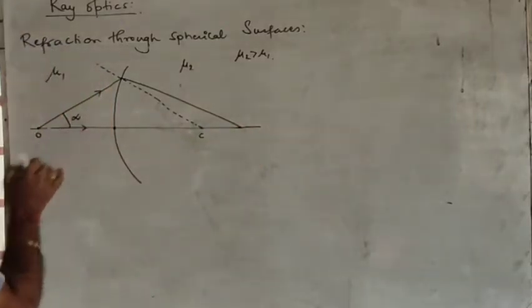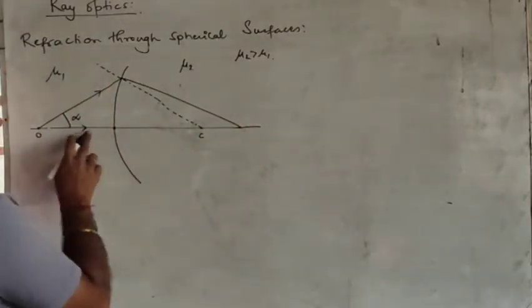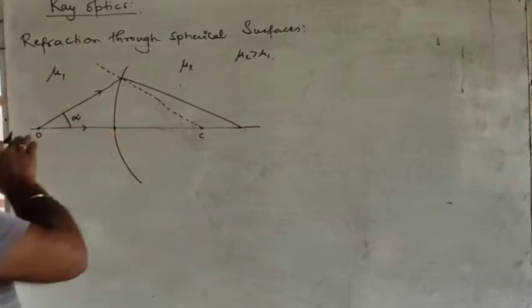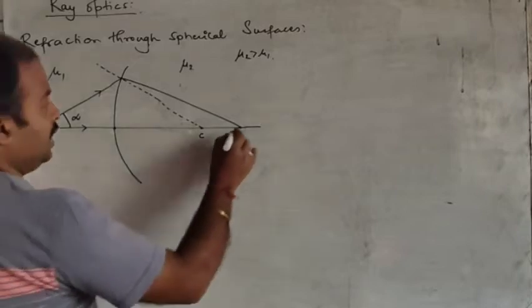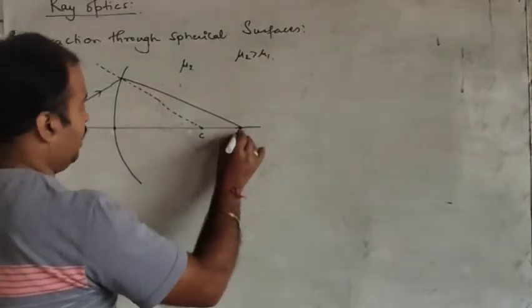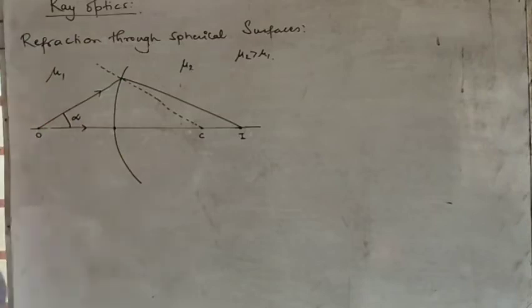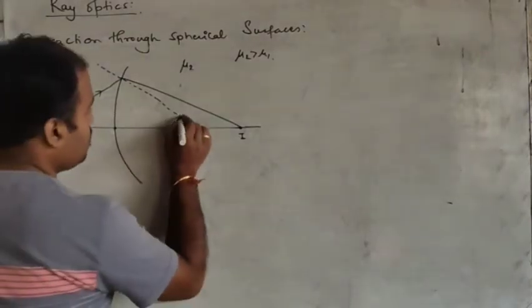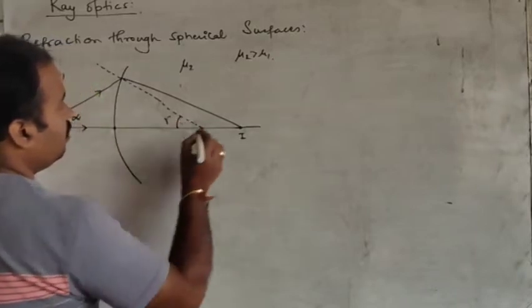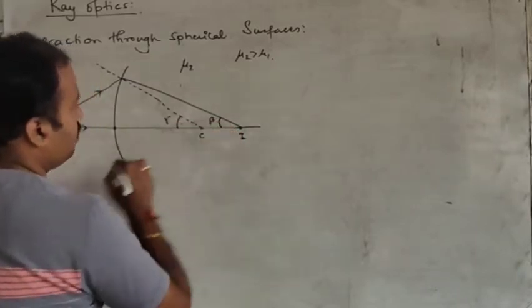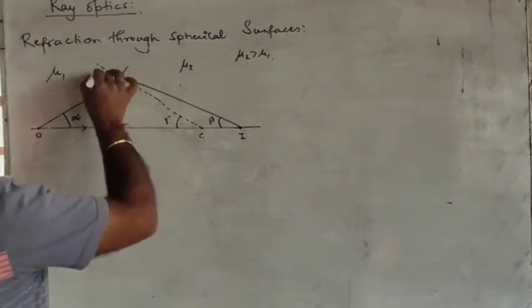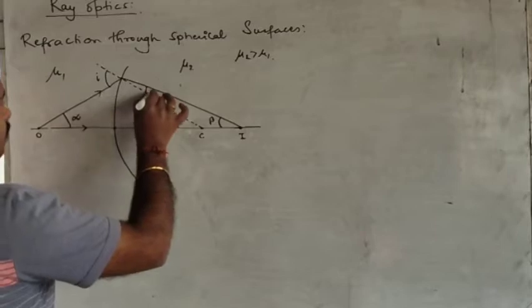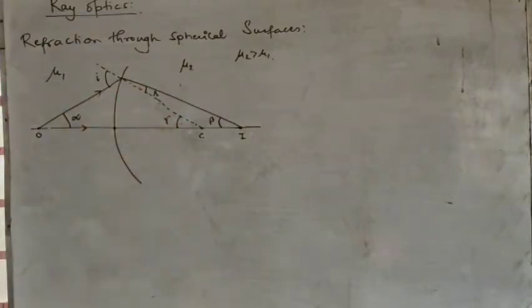And one ray I assume somewhere here, so this, if it passes through pole, then it will go undeviated, and if it goes undeviated, then here both the rays are meeting, we get here image. We call this angle gamma and this angle as beta. Then this angle will be angle of incidence i, this angle will be angle of refraction r.